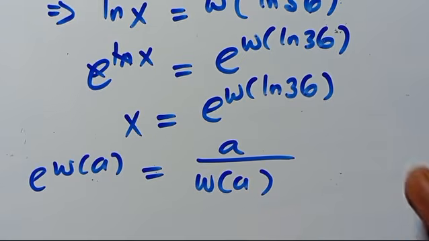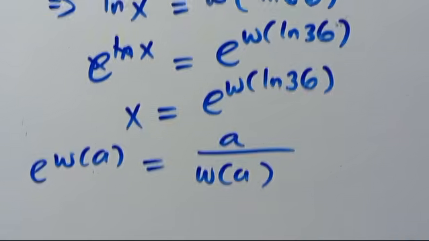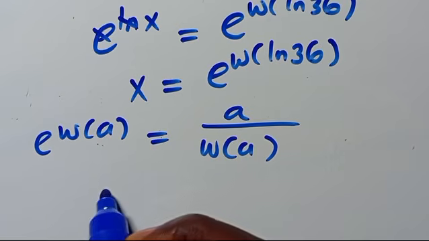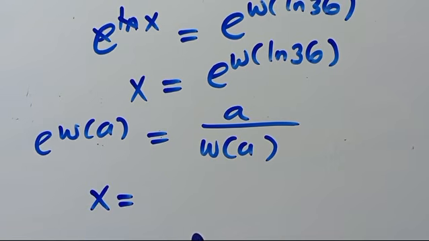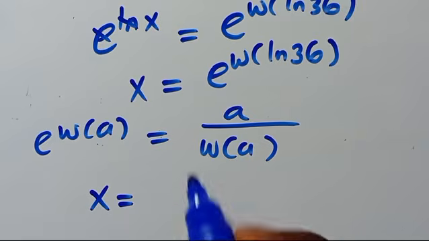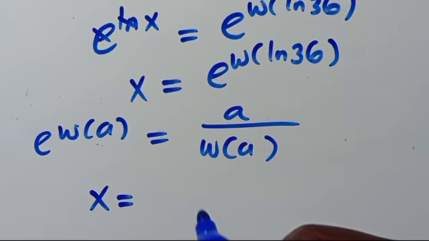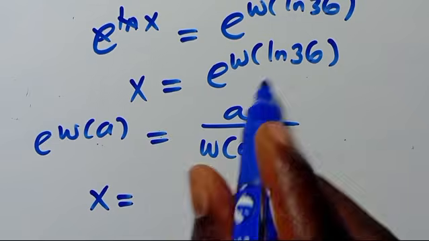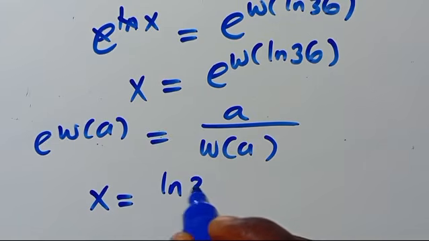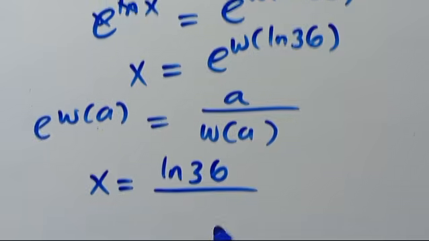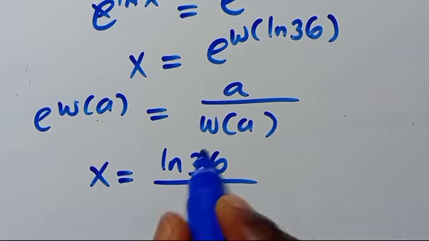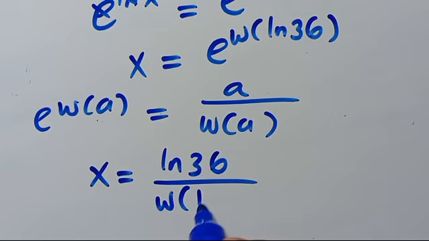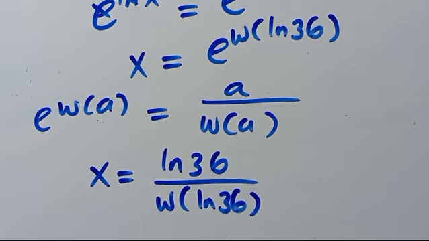Now, from here, we have our x being equal to ln of 36 over the Lambert W function of ln of 36.